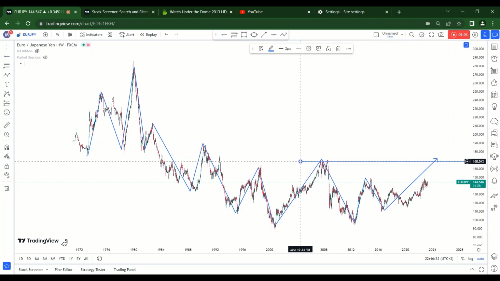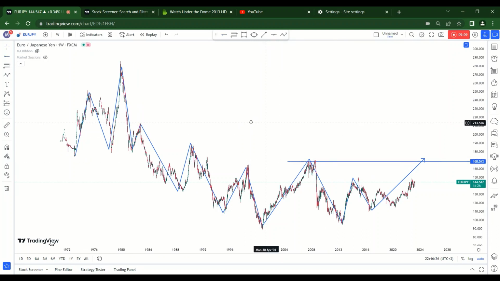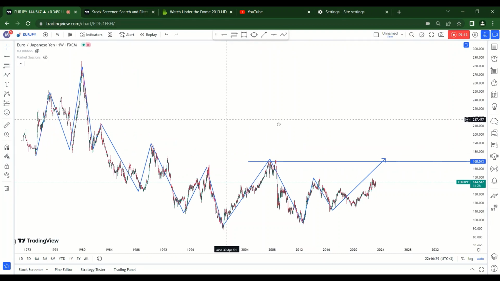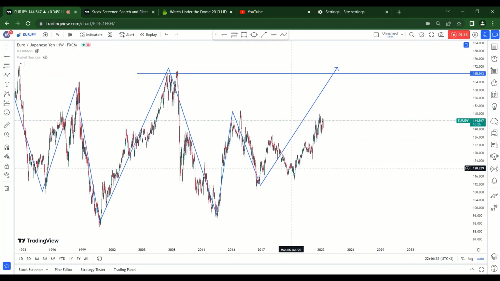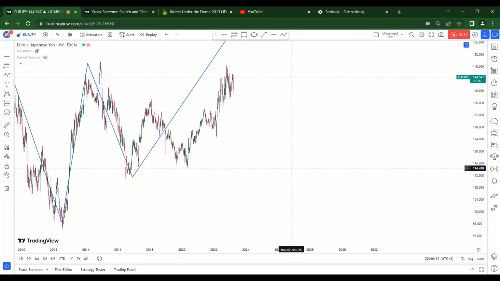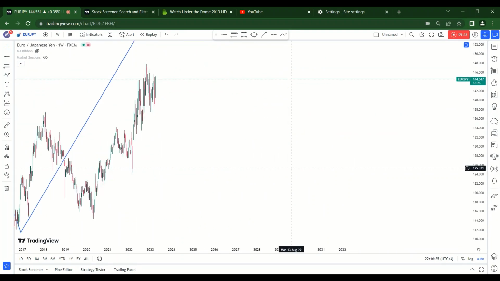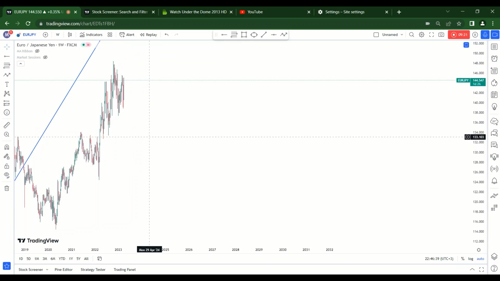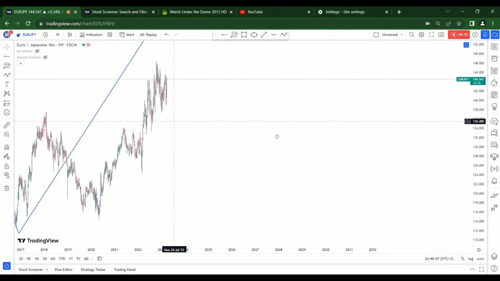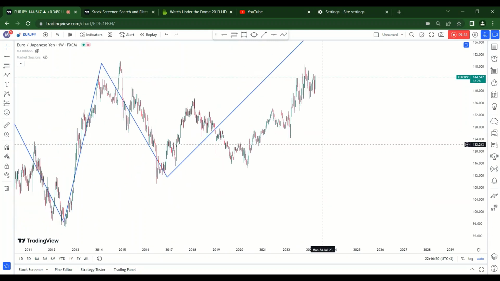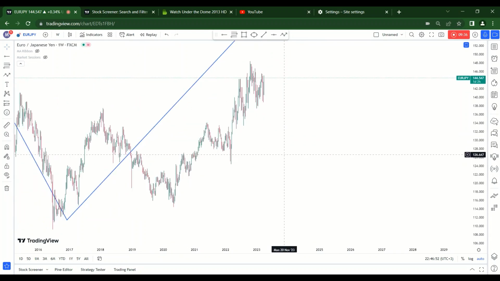Right? So from identifying from the bigger picture that we need to go up, I zoom in. So that was just the major trend. After zooming in, we can identify that there are smaller trends in this.